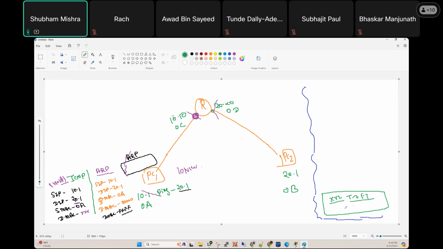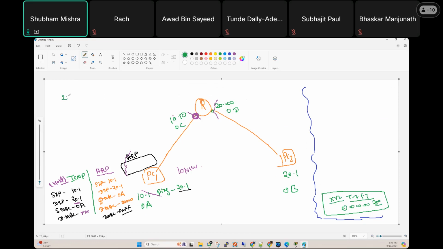Getting my point, everyone? There are multiple switches. Basically, on a switch, maximum 48 ports you can connect. Yes or no? But for example, on this floor there are more than 200 users. So with the help of one switch, you can't connect each and every user. This is not possible, right? So you need more switches.